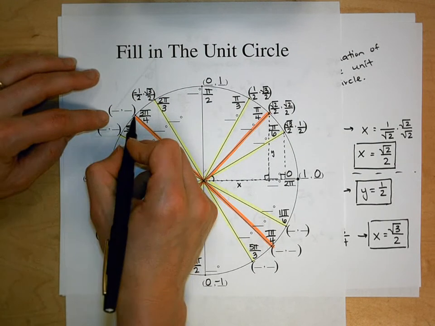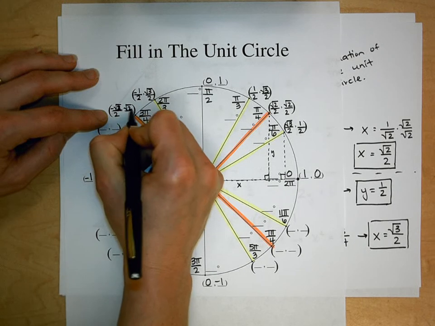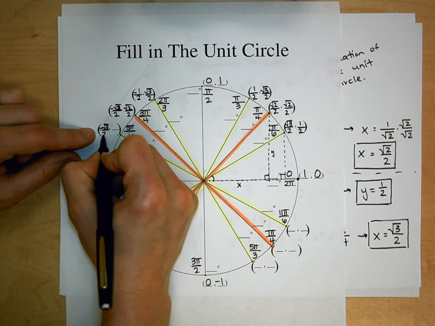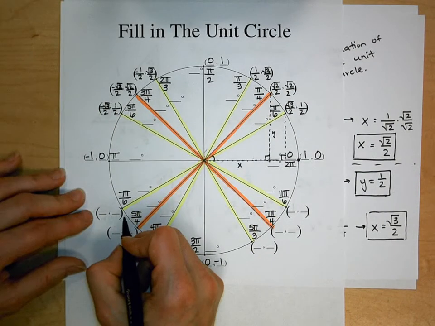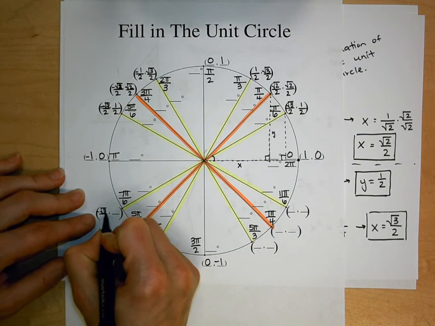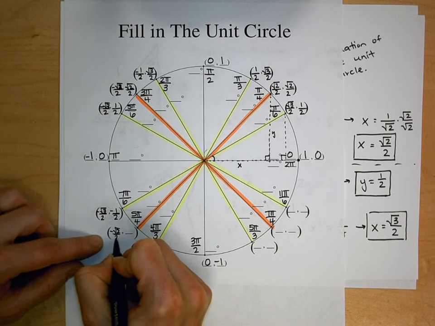Here, the x-coordinate is negative √2/2, y-coordinate is positive. Same thing here, negative x-coordinate, positive y-coordinate. Down here, they're all negative. So I see that the x-coordinate is -√3/2. This would be -1/2. Negative √2/2, negative √2/2.